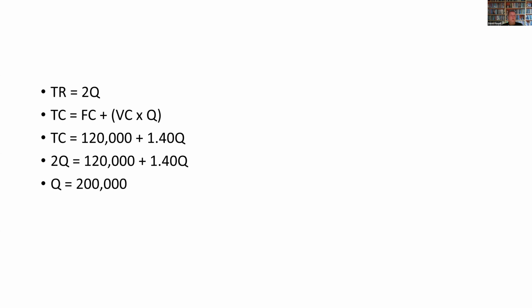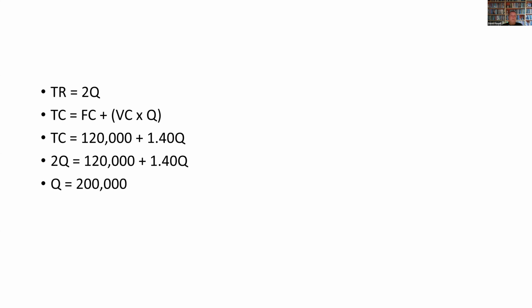Our total cost will be the combination of our fixed cost plus our variable costs. So we said we have $120,000 in fixed costs, and we have $1.40 in variable costs per container we are collecting. So $1.40 times Q, the number of containers we collect. So our total cost is $120,000 plus 1.4Q, $1.40 times the quantity.